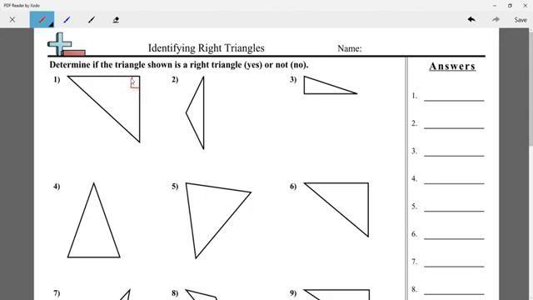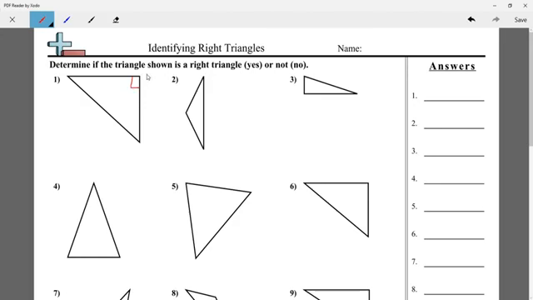You can think about a right angle as basically like the corner of a rectangle or square. So if this corner looks like the corner of a rectangle or square, these lines are perpendicular to each other, so they create a right angle here, then this is a right triangle.